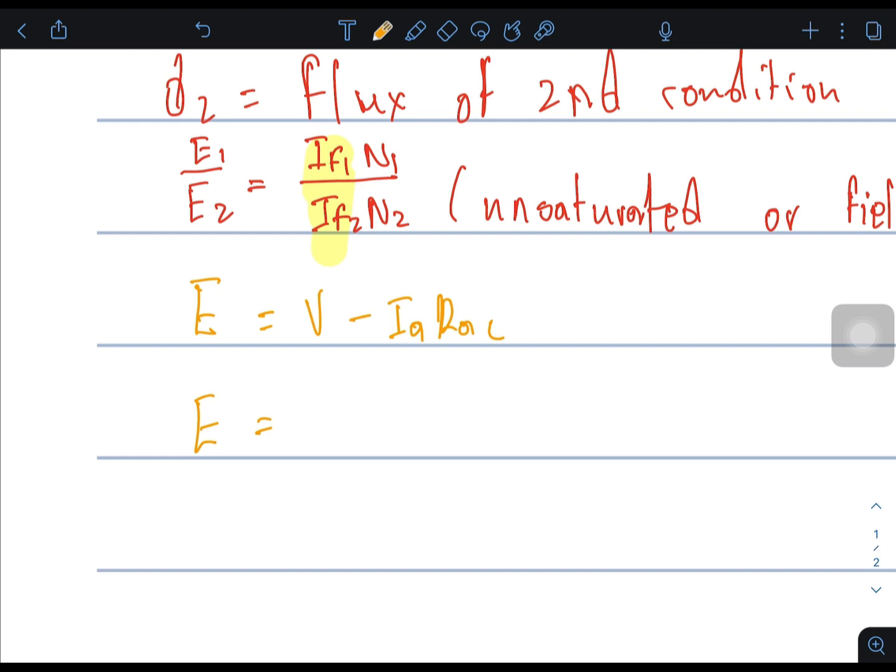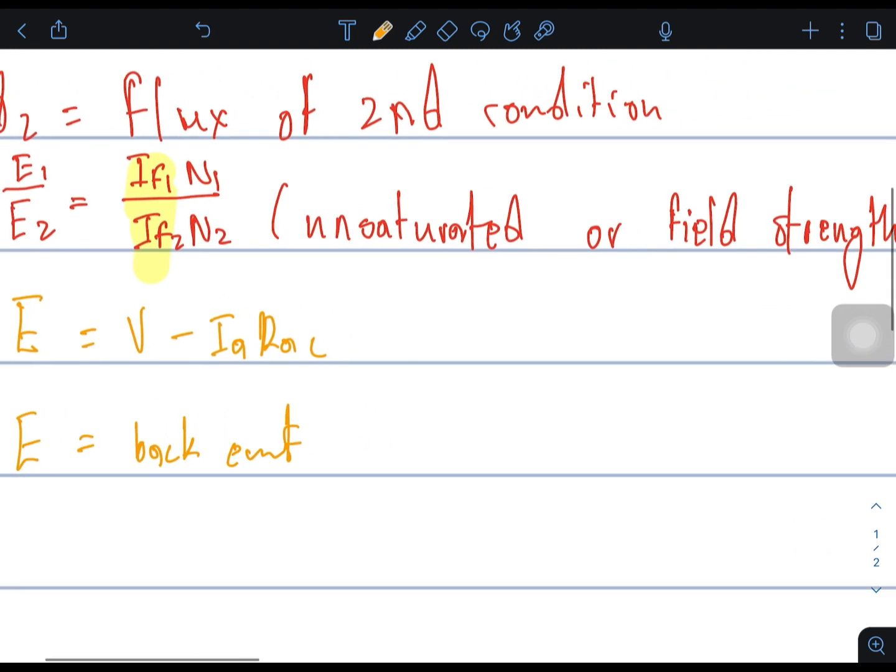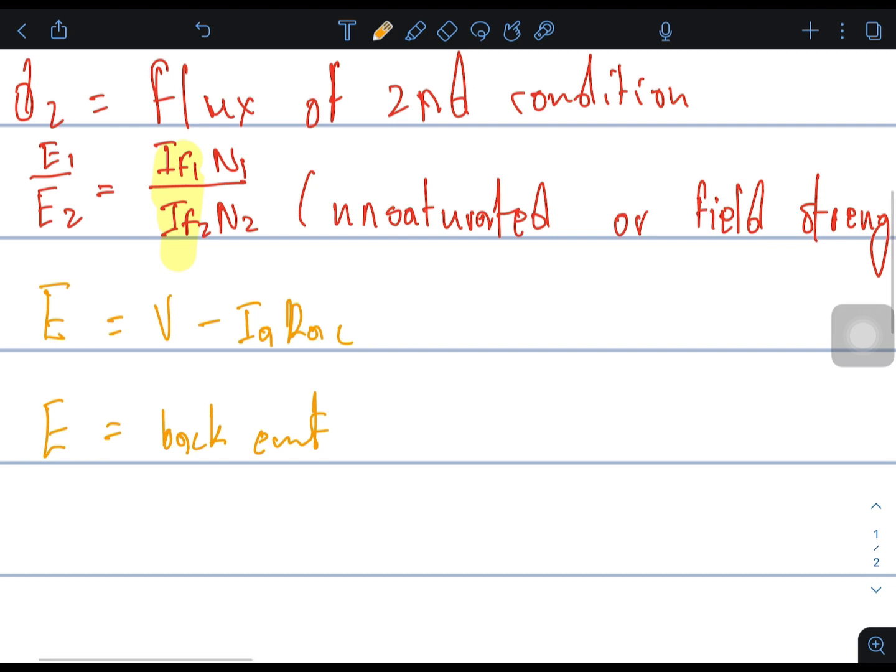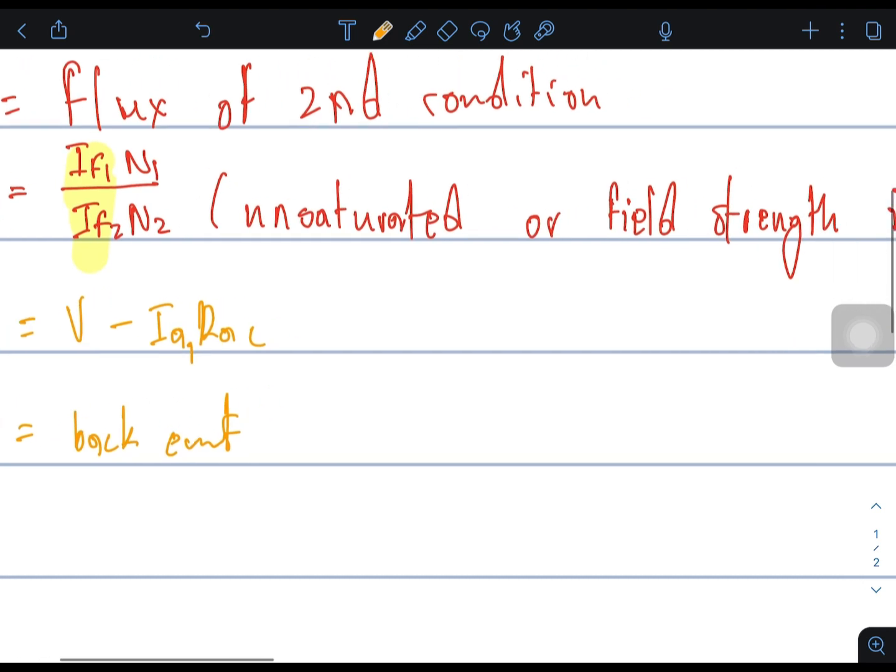It can be E1 or E2. For example, for E1 the formula is V minus IA1 RAC, and if you want E2, same formula, V minus IA2 RAC.